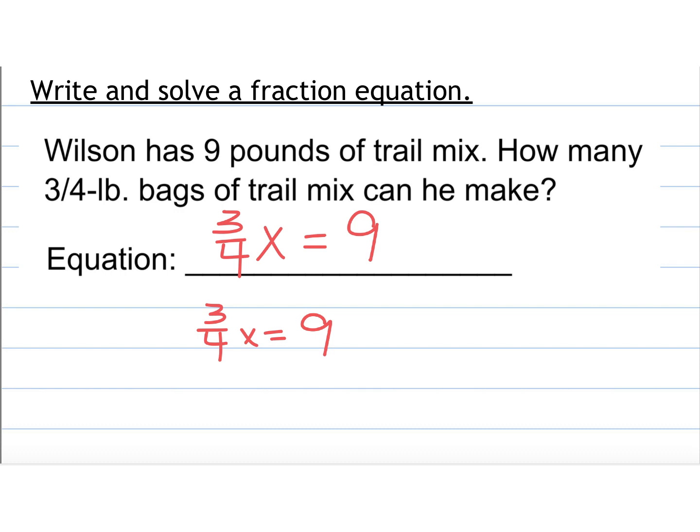And then as we know, because we're multiplying by a fraction, then we're going to multiply times the reciprocal on both sides. Because 9 is a whole number, I'm going to just make it a 1 under it, so it's a fraction.